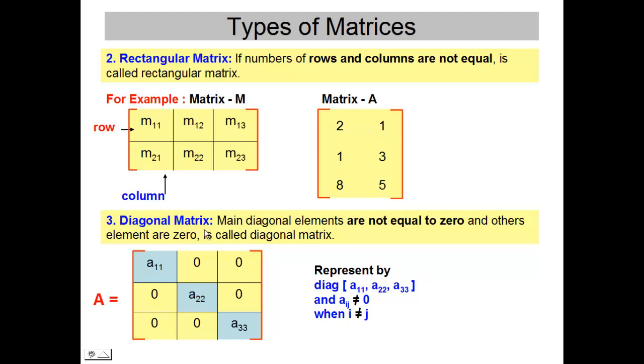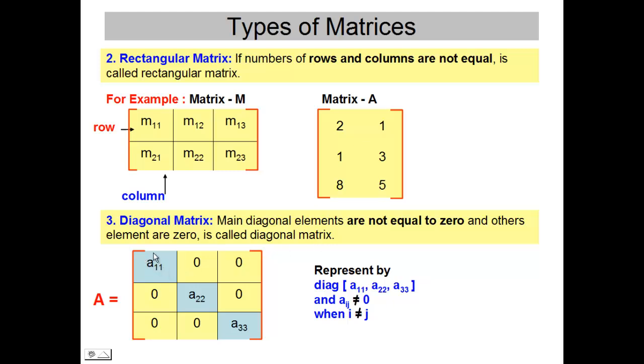Next is diagonal matrix. So if main diagonal matrix elements are not equal to 0 and other elements are 0, it is called diagonal matrix.